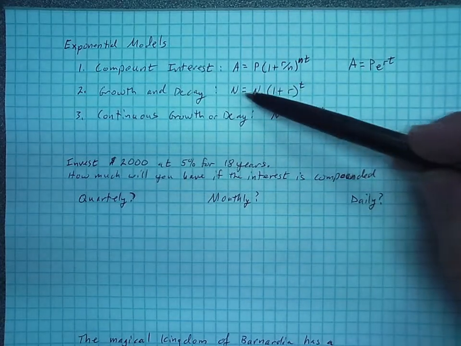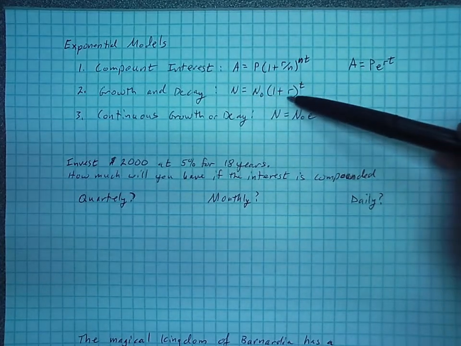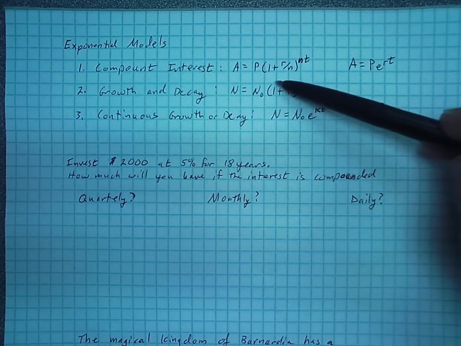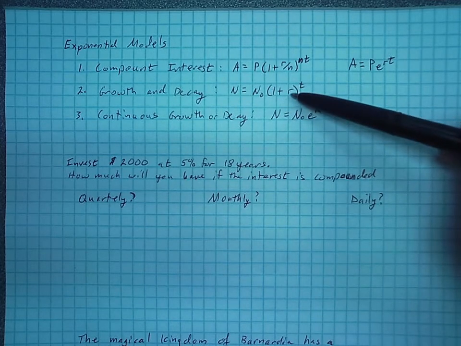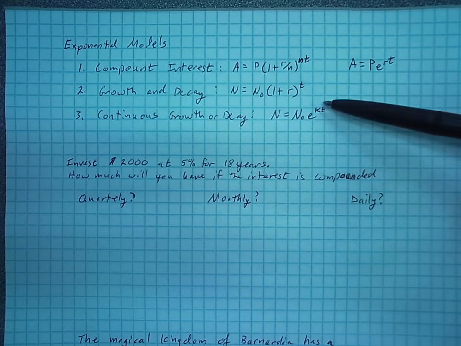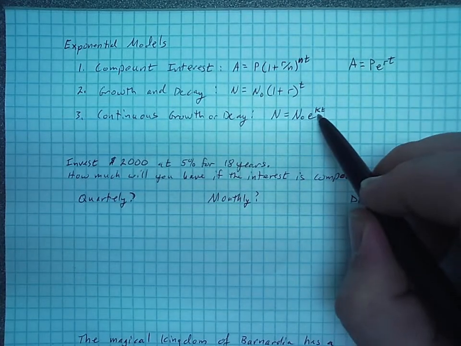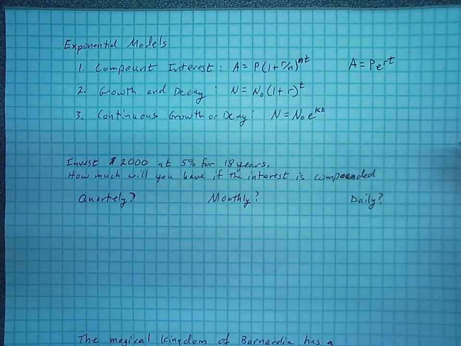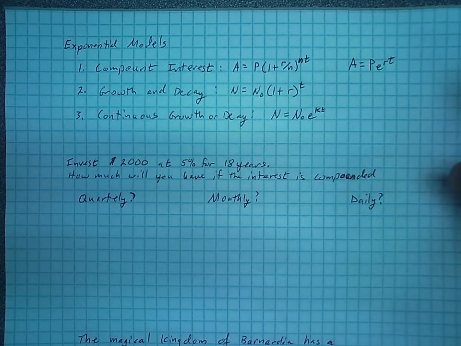Now, if you have a decay situation rather than a growth situation, R will be less than 0, it'll be negative. So this term will be less than 1, which is what's going to produce your decay function. The same thing will happen here, except K will be negative. So you'll end up with a decay function rather than a growth function.